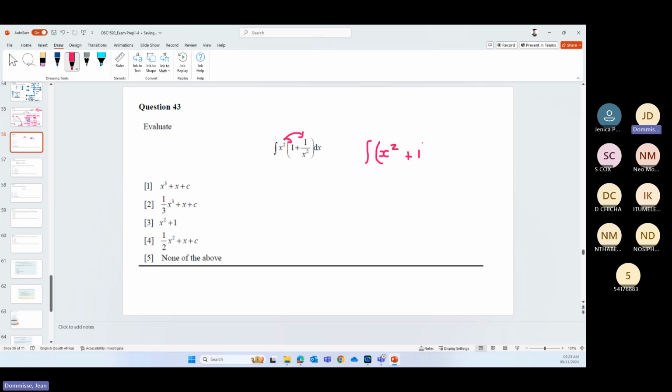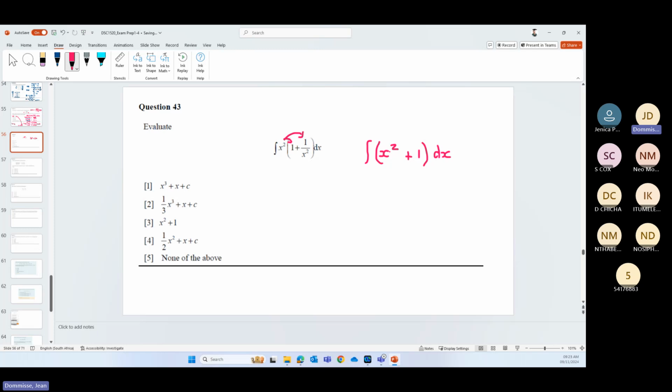And now this is a much easier equation for me to now work with for integration. So definitely for me much easier to work with this one.